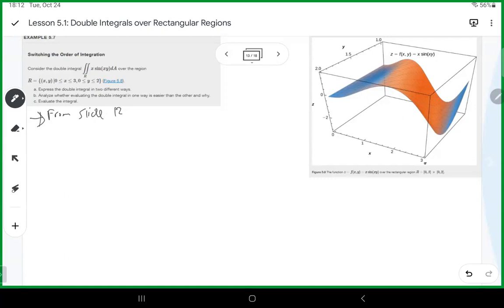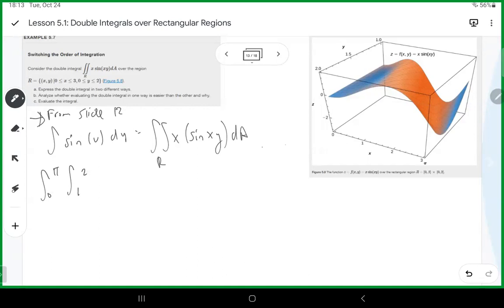you would have had sine u du, which means you would have had the region x sine xy dA, and you would be doing 0 to pi and then 1 to 2, x sine xy dy dx.